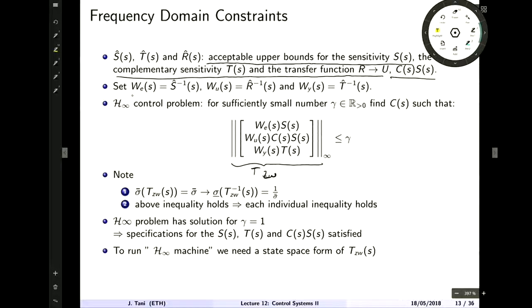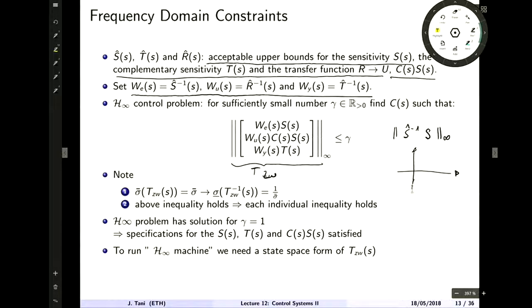What we do now is we set the weight functions as the inverted upper bounds. So the upper bound on the sensitivity is S hat, and we set WE as S hat inverted. So what's in there then? We basically have S hat inverted times S, and we take the infinity norm of it. What does it mean?